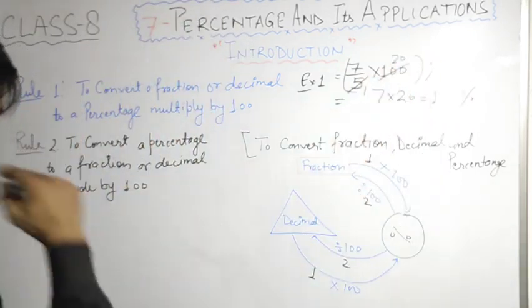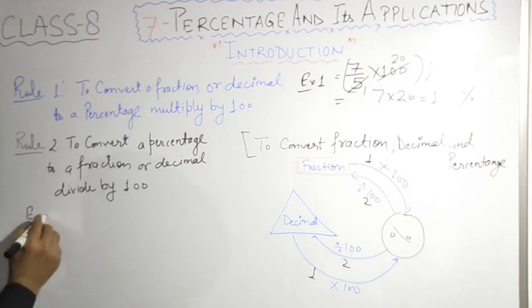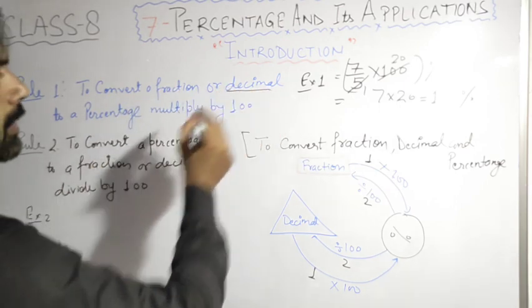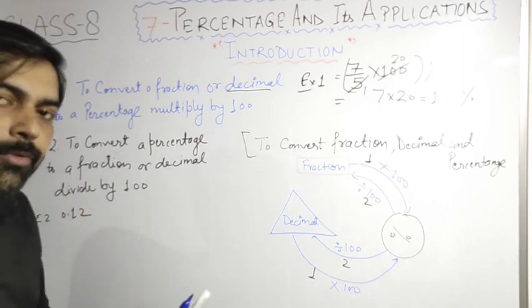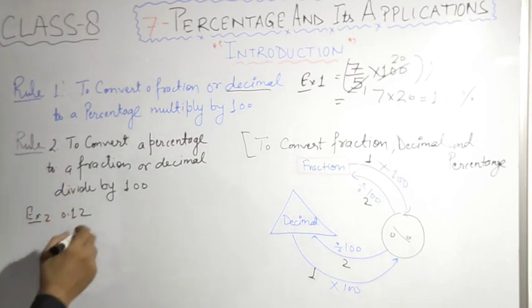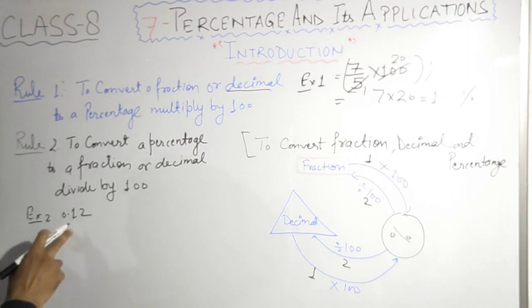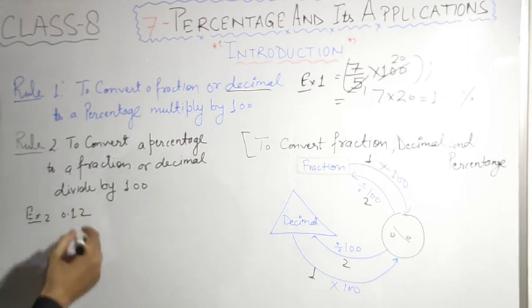Into percentage. And another example, example number 2, same as if a decimal is given. So how we can convert? Suppose that here is given 0.12. Then the question is saying convert in percentage form. So look here, what is here? Decimal 0.12. And how we can convert? Multiply by 100.